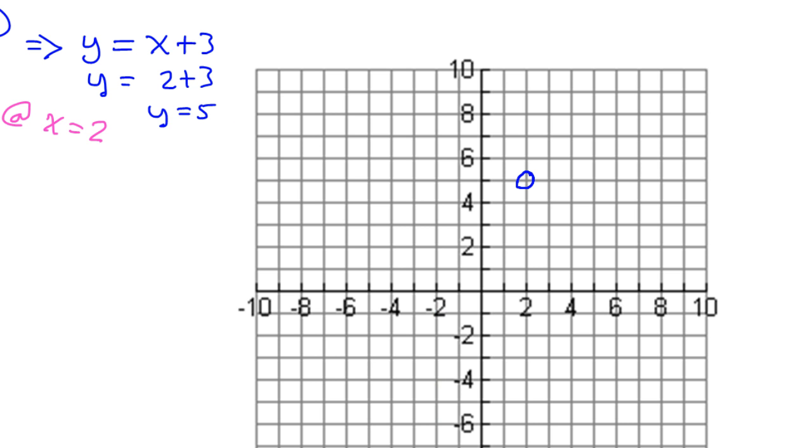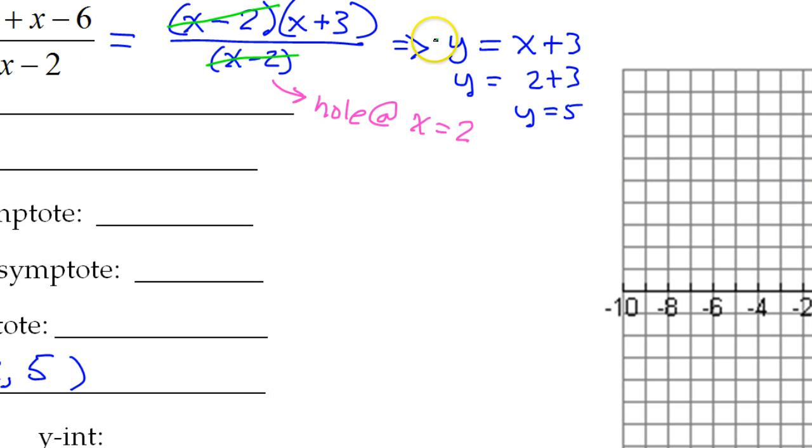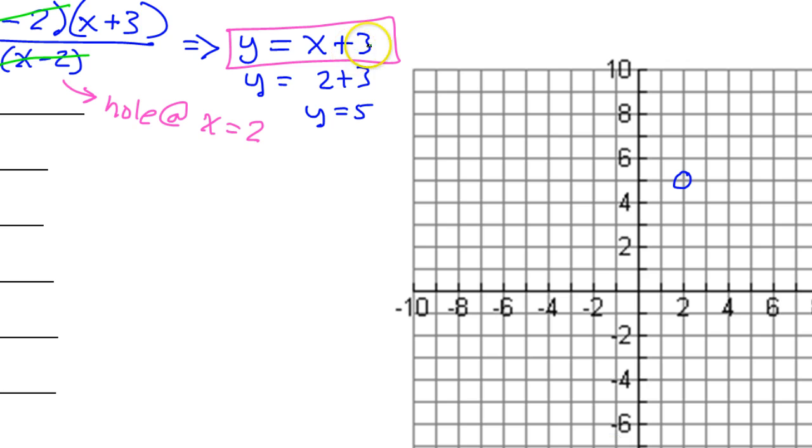Now the rest of this is just going to be a line. Like I said, it's y equals x plus 3. So we don't have to do anything fancy. We don't need a table of values or anything. That 3 tells us to start at the y-intercept of 3, and then this slope is 1, so that's like up 1 over 1.